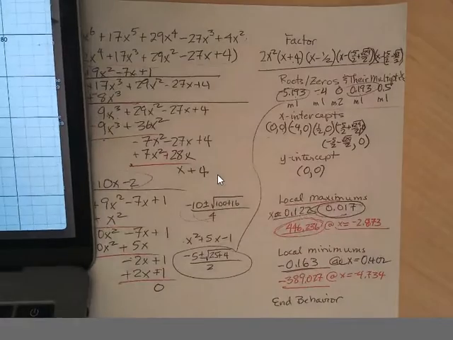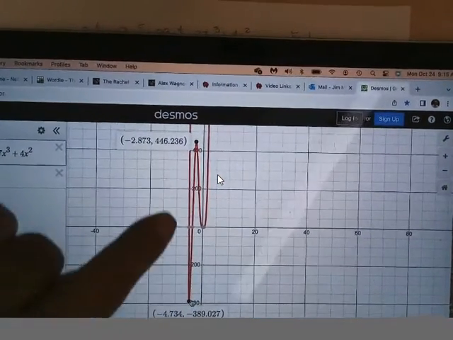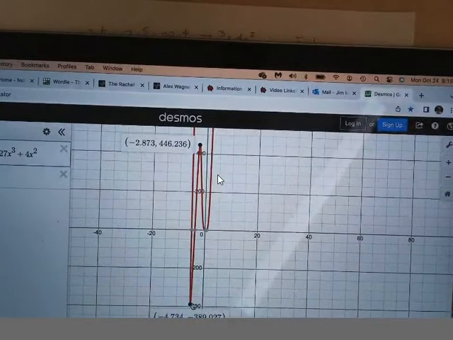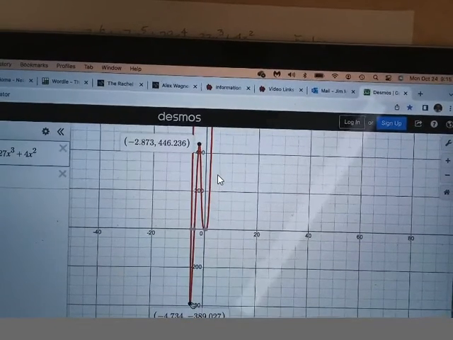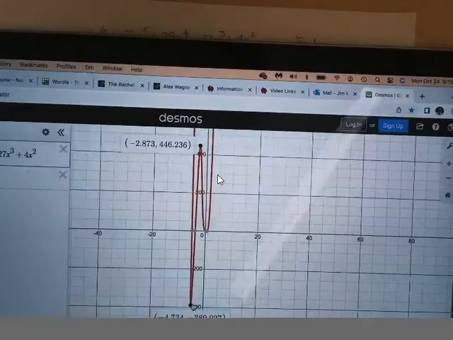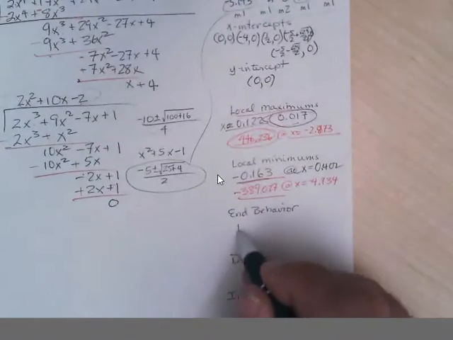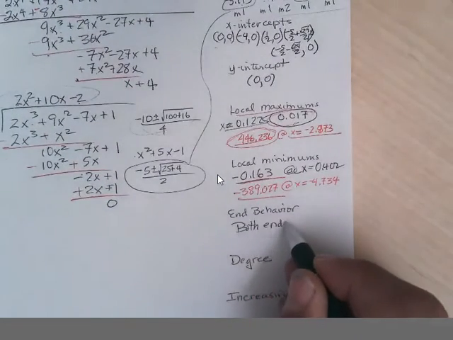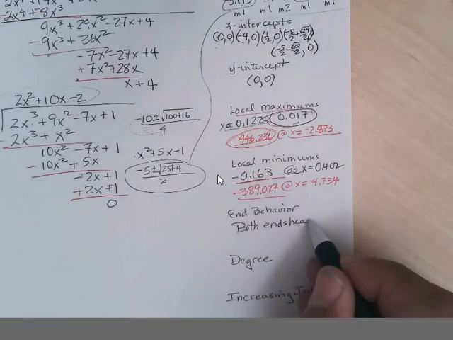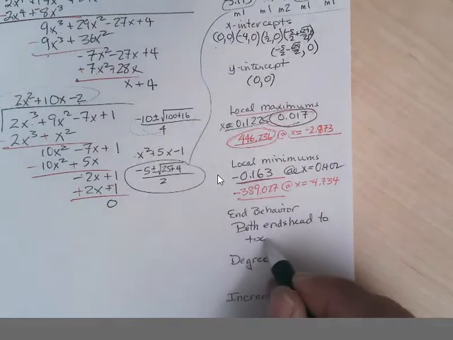We got all those. In end behavior, since this is degree 6, both sides are going up because it's a positive 2x to the 6th. If it was a negative 2x to the 6th, both ends would be going down. So we're going to say both ends head to positive infinity.